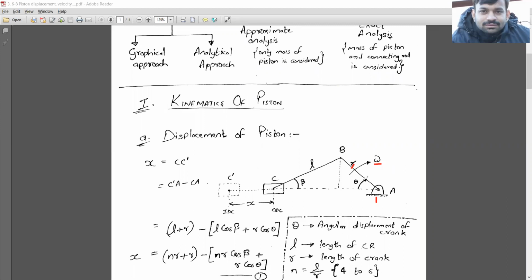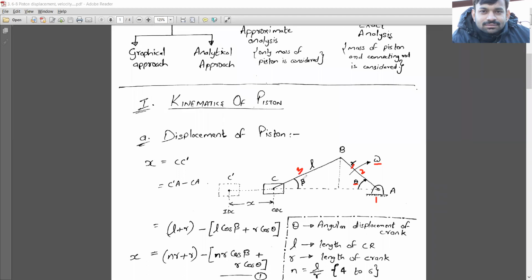At some instant, it is making angle theta with this horizontal line. This crank is link number 2. Then BC is nothing but the connecting rod. The connecting rod is of length L, and this is link number 3.